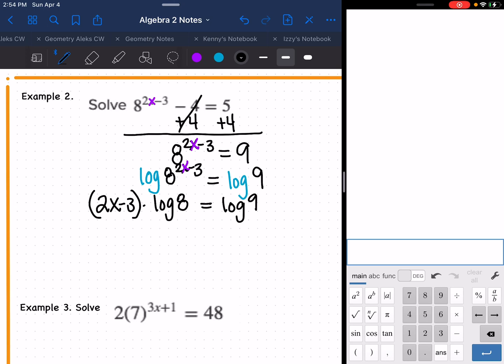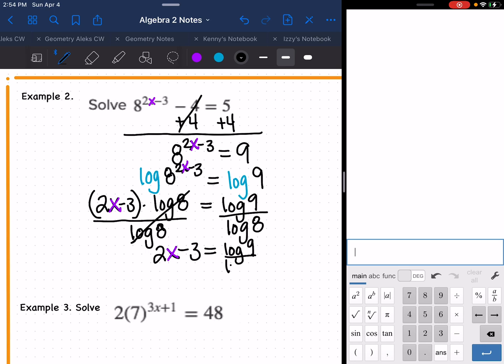I'm going to do exactly the same thing I did last time. I'm going to divide both sides by the log of 8. Now here's where it gets a little bit tricky, because notice our x is not quite alone. I'm going to leave this as log 9 over log 8.